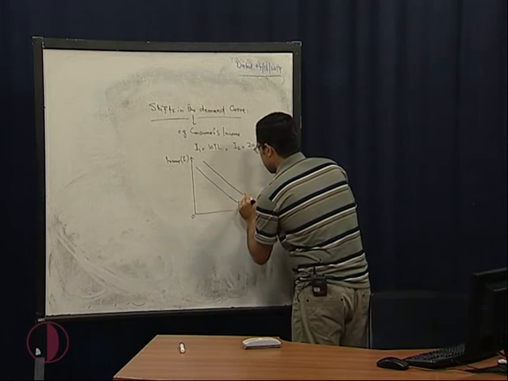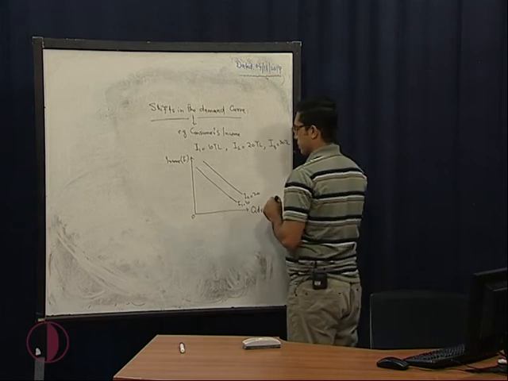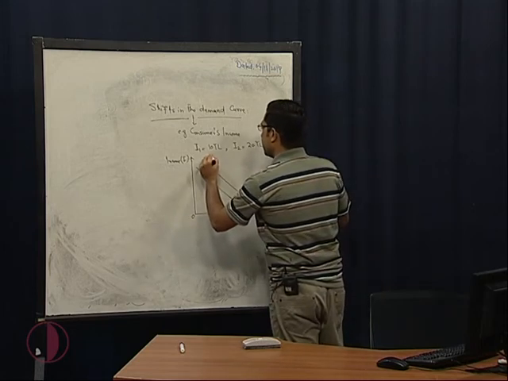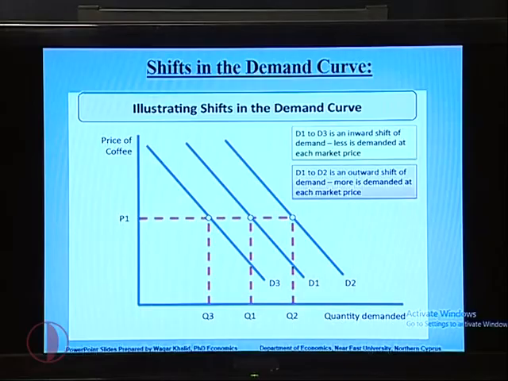This is I2. Now suppose he is having 20 Turkish lira. Again his income rises, so this is I3, and 30 Turkish lira.